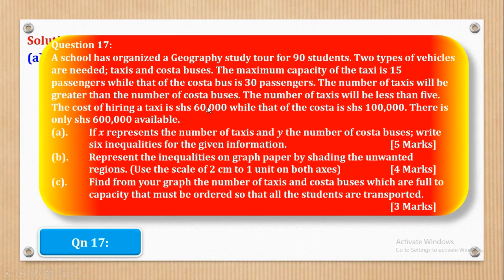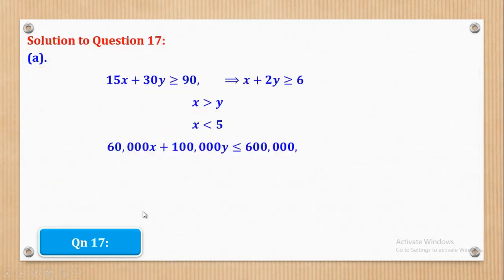So this 60,000 corresponds to x, now the 100,000 corresponds to y, but there is only 600,000 shillings available. What does that mean? It means that 60,000x plus 100,000y is less or equal to 600,000. When we reduce, we shall come up with 3x plus 5y less or equal to 30.